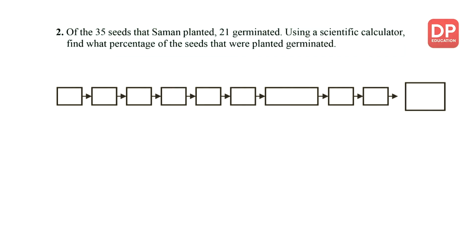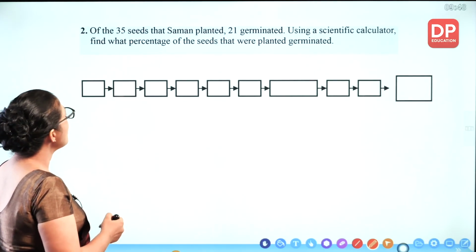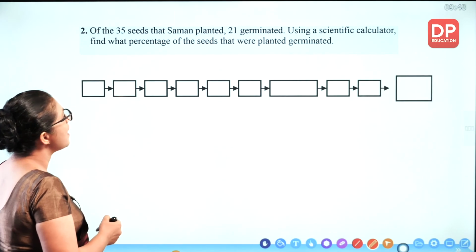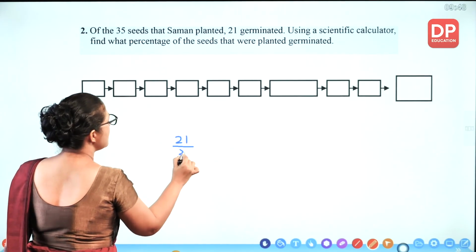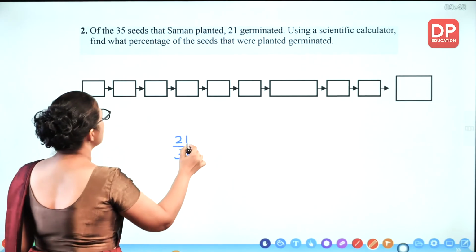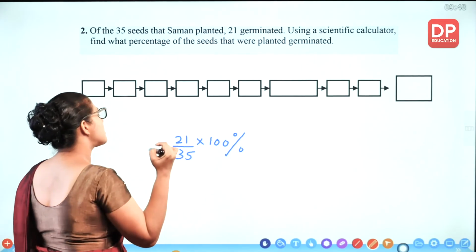Of the 35 seeds that someone planted, 21 germinated. Using a scientific calculator, find what percentage of the seeds that were planted germinated. So 21 out of 35 germinated. So convert to a percentage. You have to press the percentage sign.